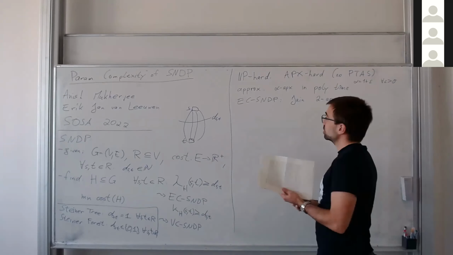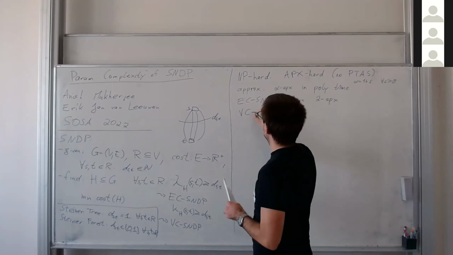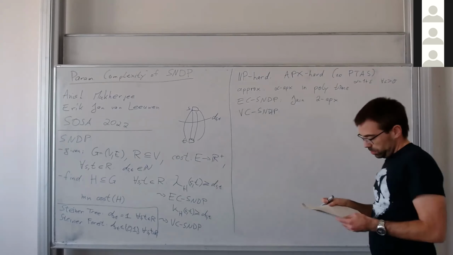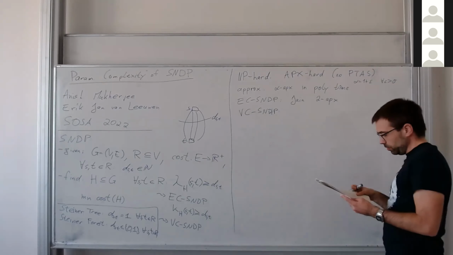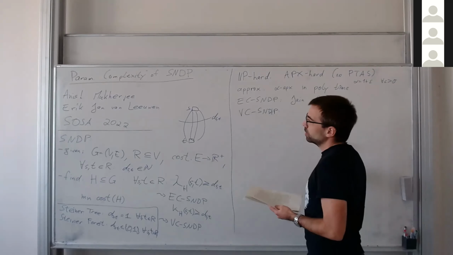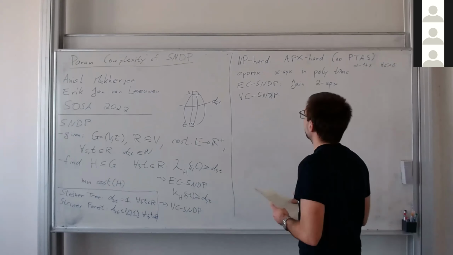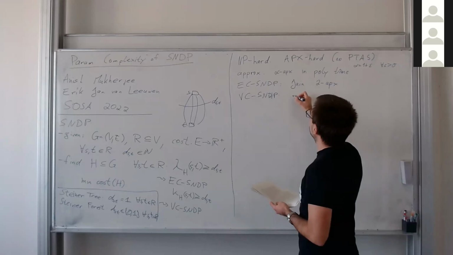Now, in contrast to this, the vertex connectivity version is a lot harder. Here, I'm going to already introduce a couple of parameters. We're going to study several parameters here, and one of them is the maximum demand.